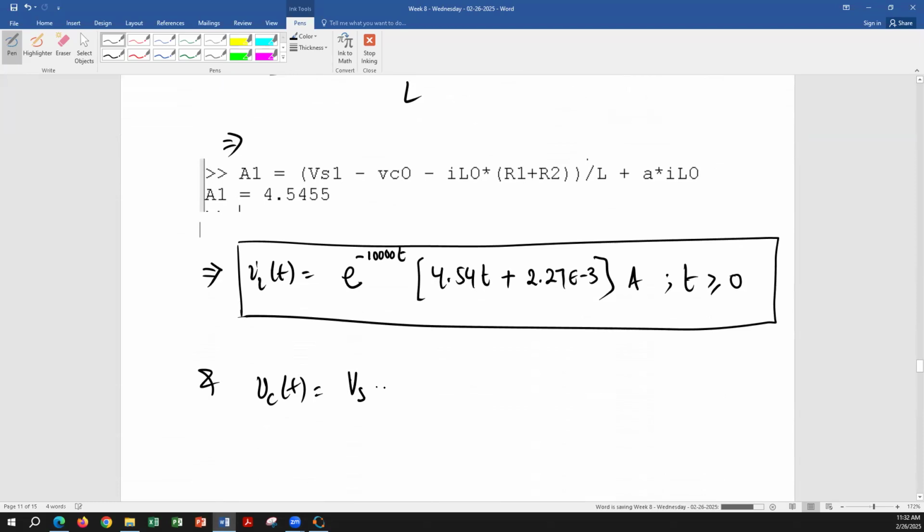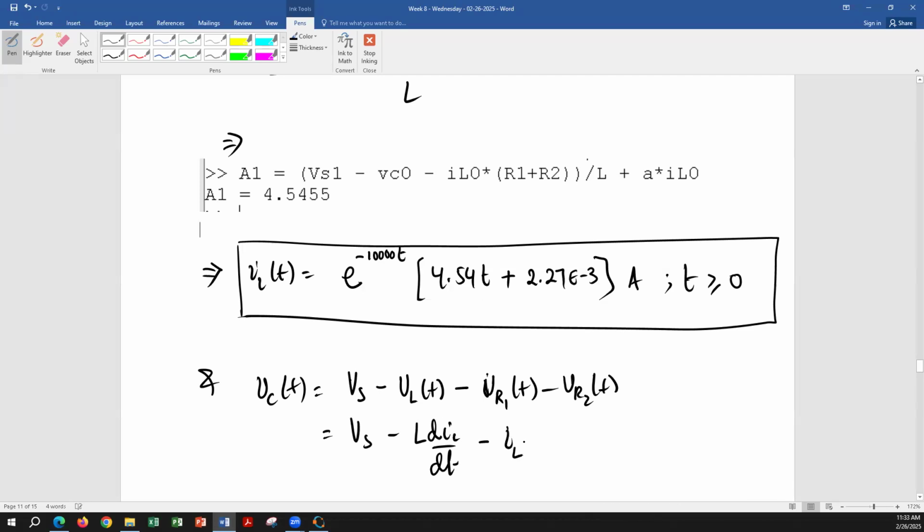VS minus VL(t) minus VR1(t) minus VR2(t). The inductor voltage, of course, is L di/dt. The current equation is right here, so you take the derivative of that, and that's going to be IL(t) times R1 plus R2.